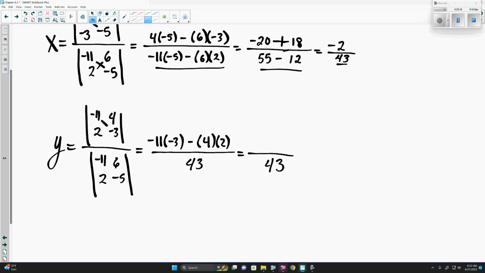Negative 11 times negative 3 is 33. Minus 4 times 2 is 8. 33 minus 8 is 25. Wow.